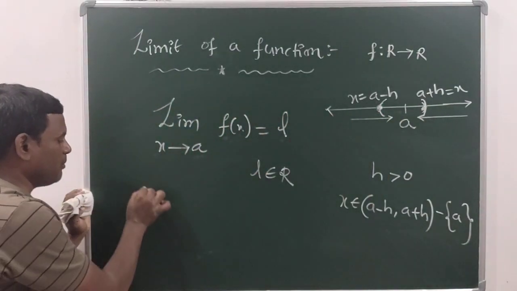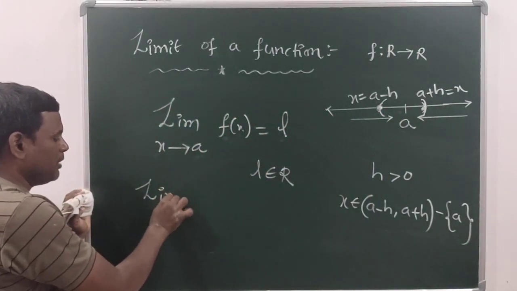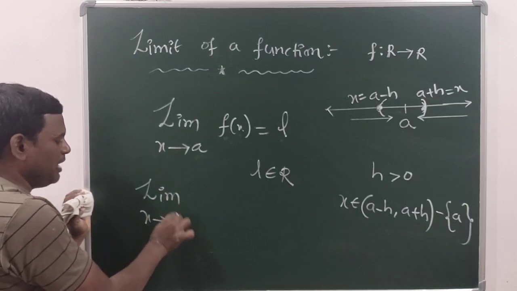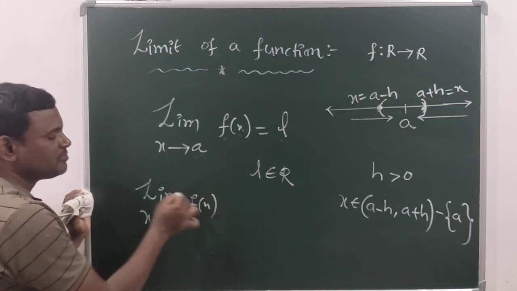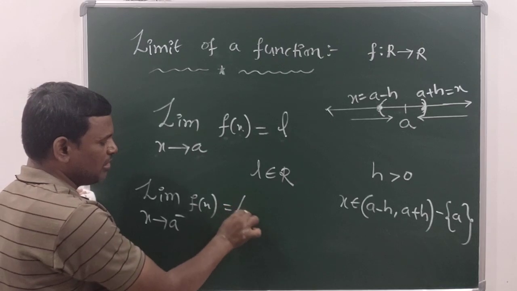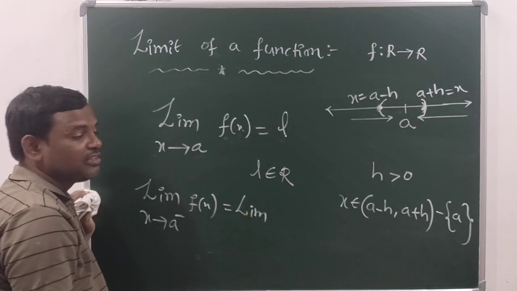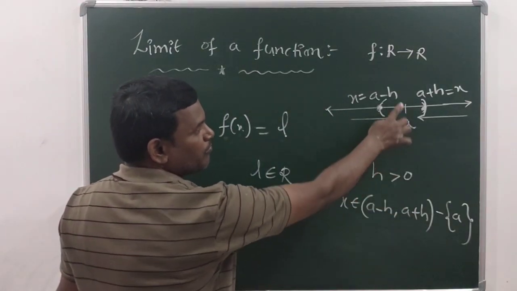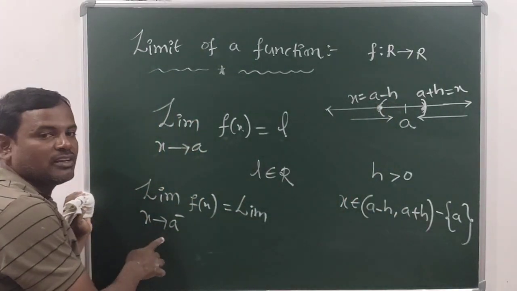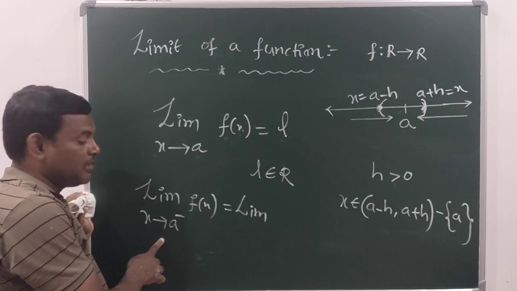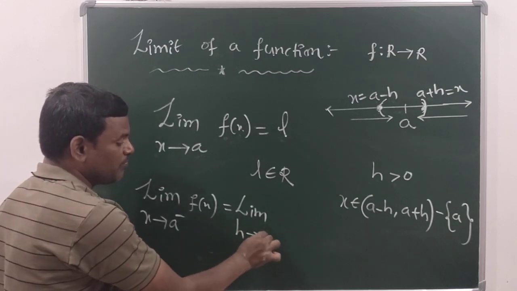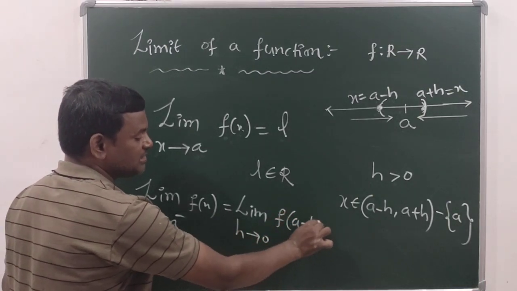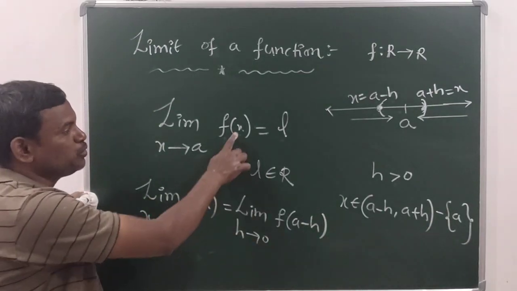If it is substituted from the left side, then it is denoted by limit x approaches a minus of f of x. Okay, students. Now when h is very close to 0, here h approaches 0, f of a minus h. What am I substituting x equal to?